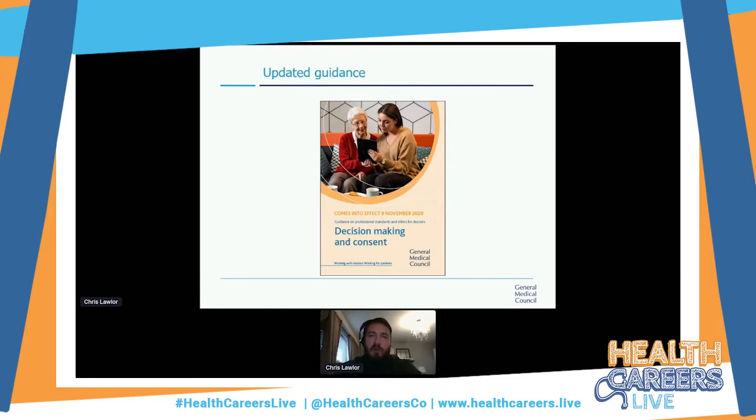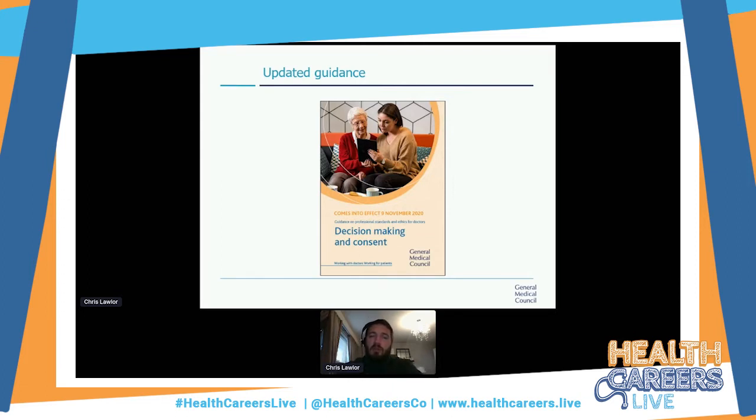So there's very much a focus on the consent aspect, and obviously that links into the laws around consent and the importance of that. But actually, we've flipped it round for this guidance, and the focus is very much on it being about decisions that are made and that decision making process, because consent is very much a point in time where a patient agrees to a form of treatment or examination.